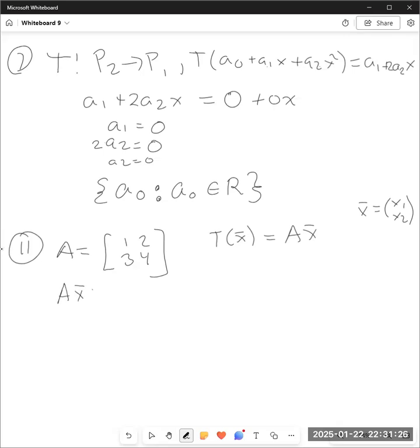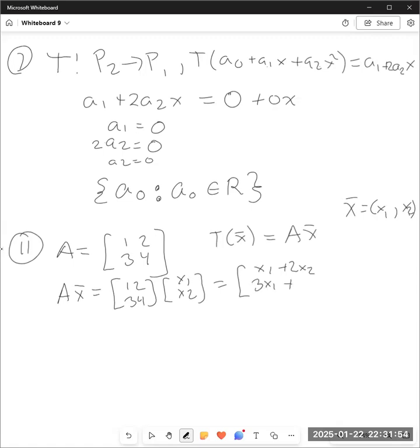So we have A x bar is equal to 1, 2, 3, 4 times x1, x2. And then I want this to be equal to x1 plus 2x2, and 3x1 plus 4x2, and that needs to be equal to the 0 vector there.